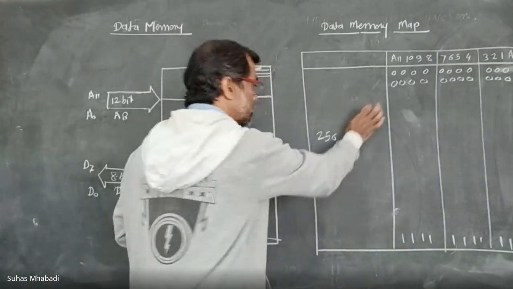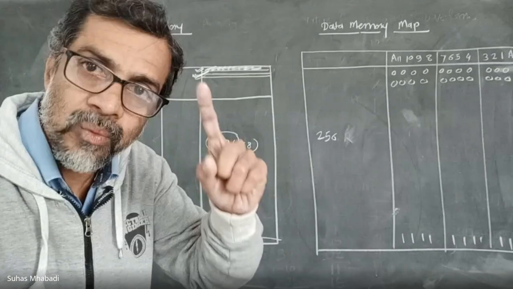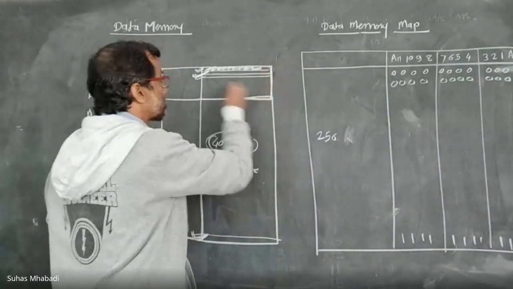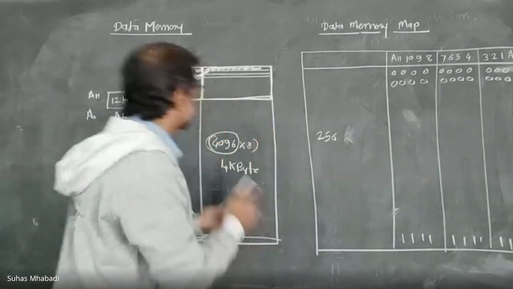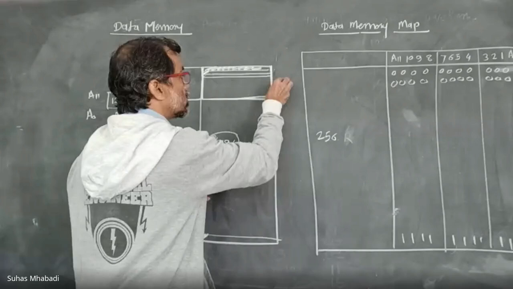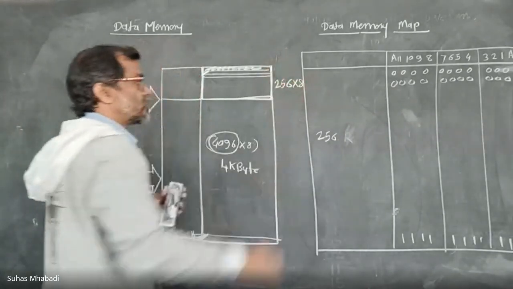So every 256 registers are clubbed together, and that becomes one bank. I have shown this is one bank, which consists of 256 registers. Each one of them is 8 bit.